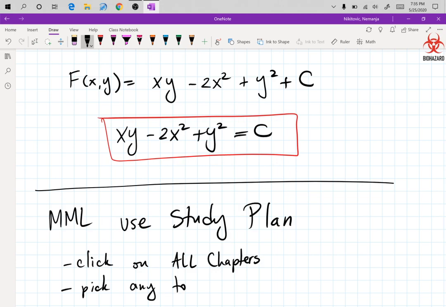Pick any to practice. That study plan has all of the problems that the software offers. You can go between any chapters and practice literally anything. It is open 24/7. There are no due dates. There is nothing, and you can keep practicing until you pass out.